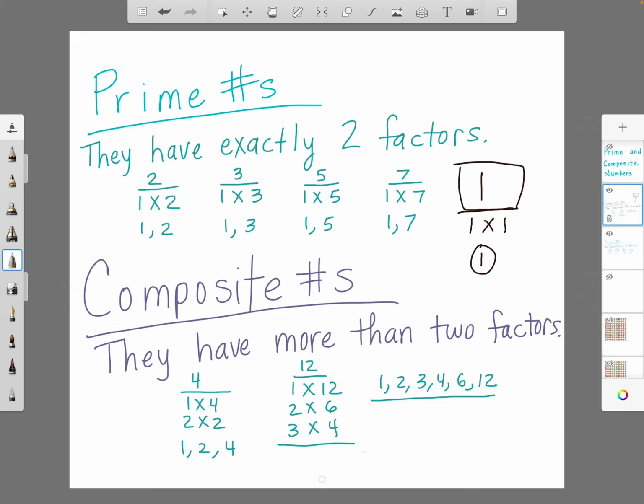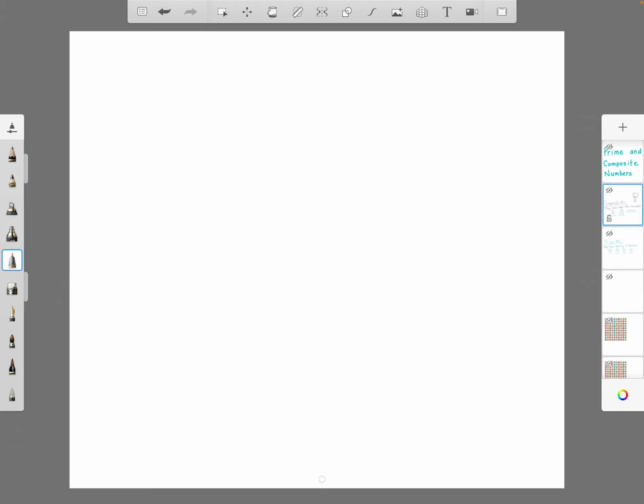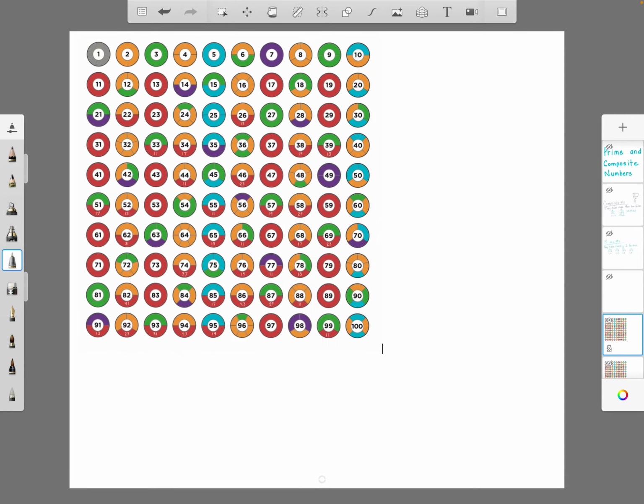Okay, let's take a look at a chart that can help us to better understand some of this. On this chart right here, this is called a prime climb chart. It has the basic prime numbers of 2, 3, 5, and 7, each of them in a different color.